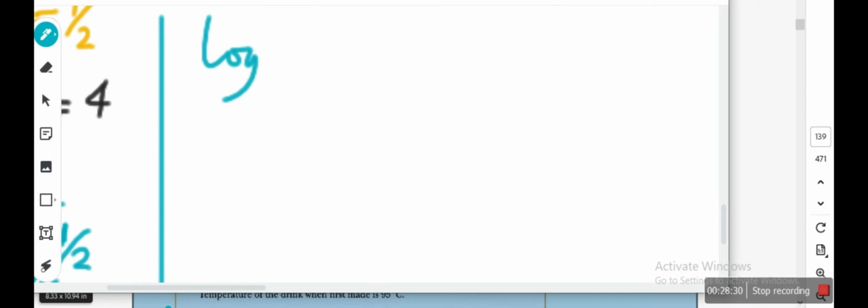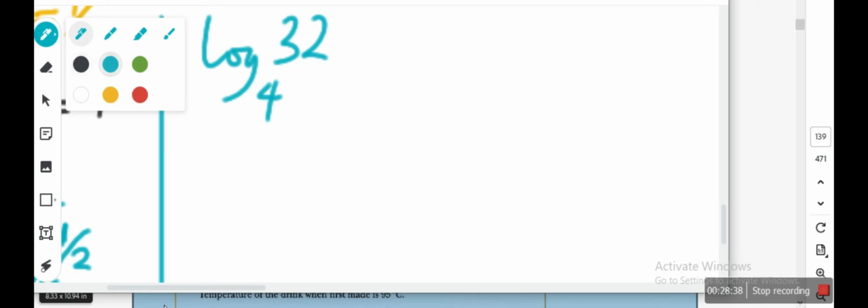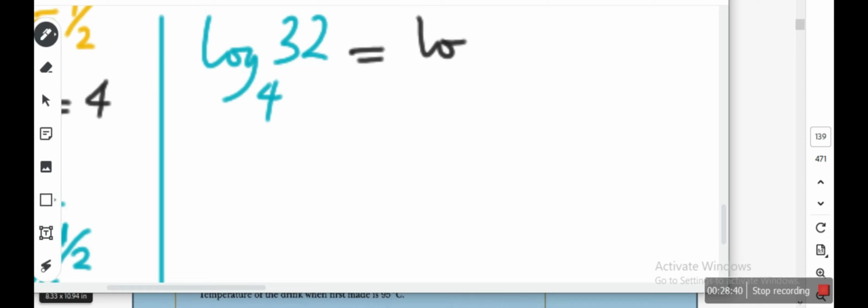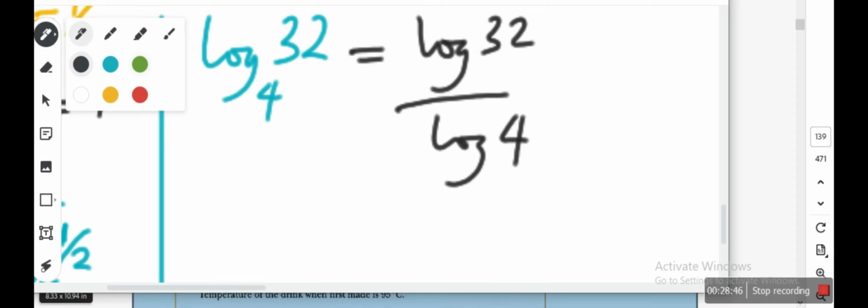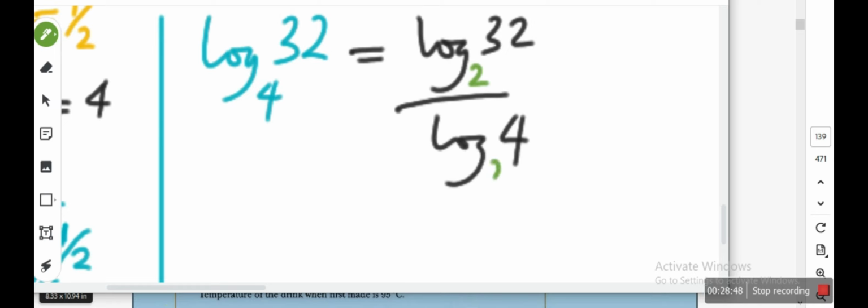This one you can easily use the same log. I can express it as log of 32 over log of 4, all in the same base 2. Do you understand?